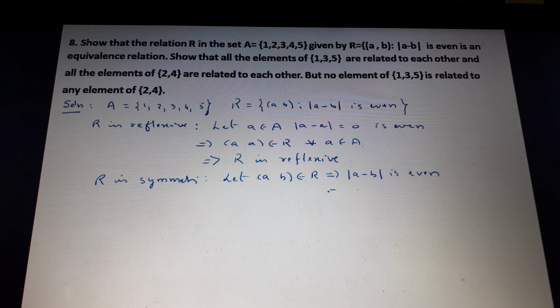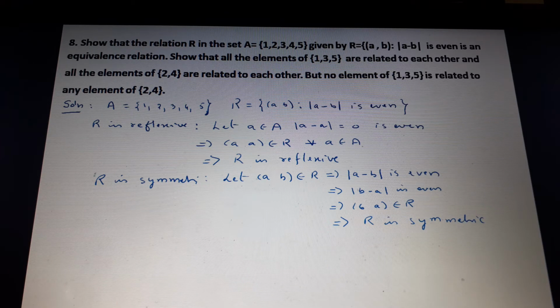Now whenever a minus b is even, b minus a also must be even. So b minus a is even. Now when b minus a is even, this implies (b, a) should be in R. Therefore, this implies R is symmetric.